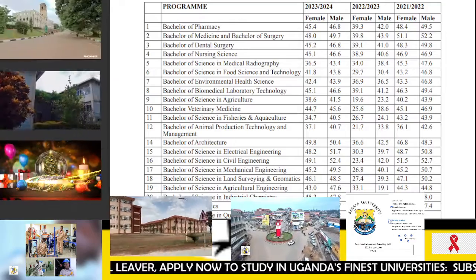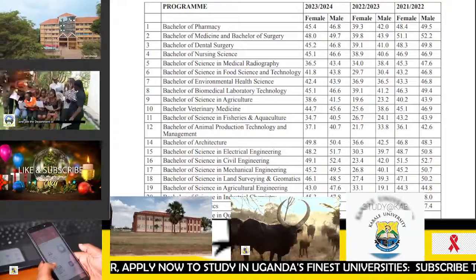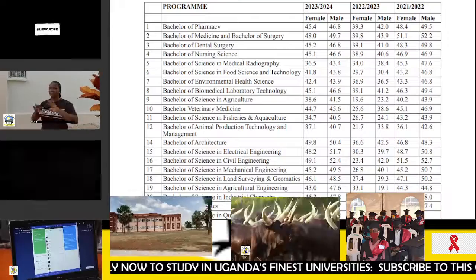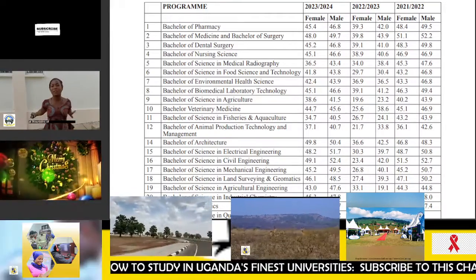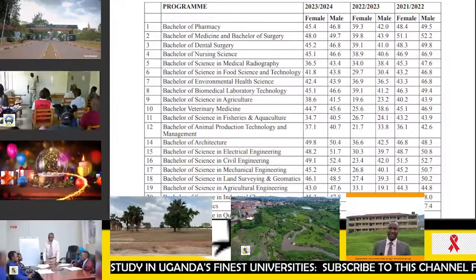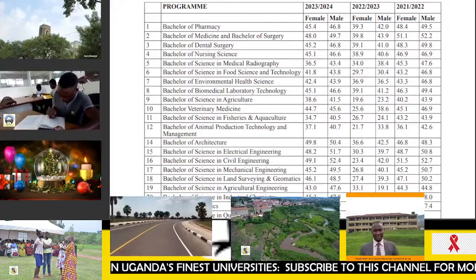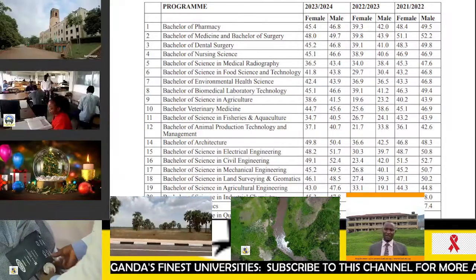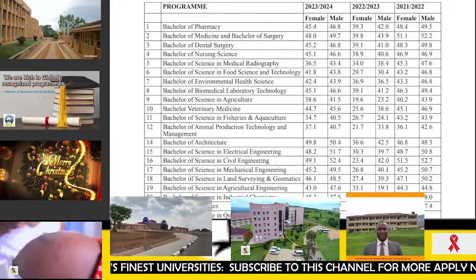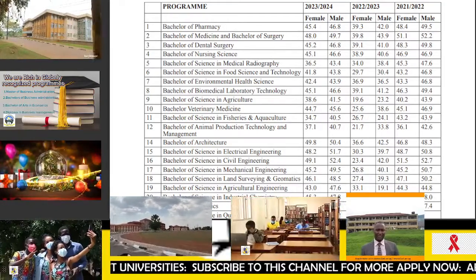Let me assume a student who wants to do pharmacy has done BCM, GP and ICT. If you have done BCM and you have gotten A in biology, A in chemistry, A in mathematics, and the essential subjects for Bachelor of Pharmacy are chemistry and biology, and you have A in those essentials, that means you have 6 points each.